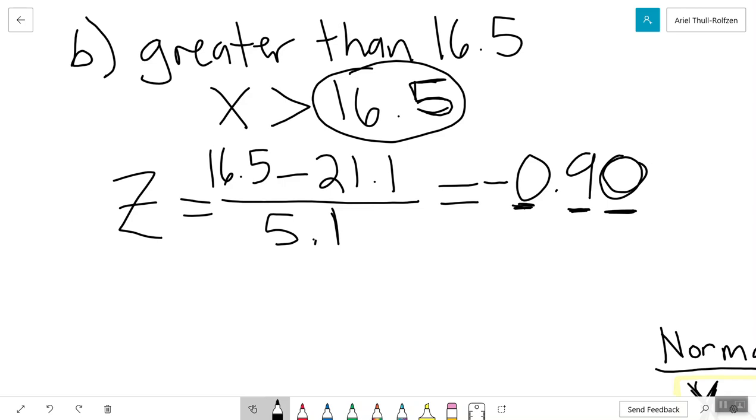We're going to go to the third one from the top, negative 0.9, and go over to 0, where it says 0 at the very top on the top row. And we see that the probability associated with the Z-score is 0.1841.